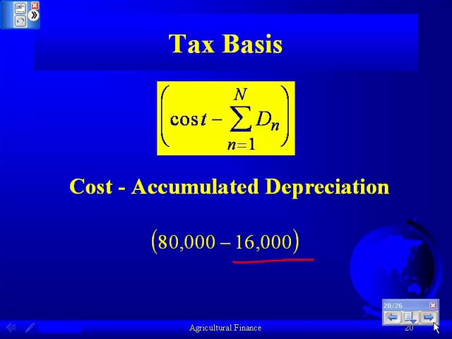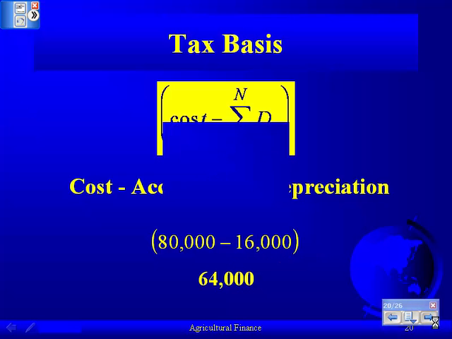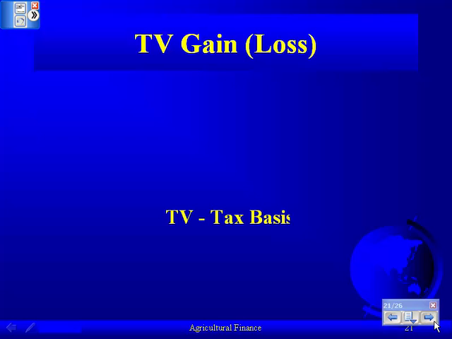Back to your accounting, this tax basis is what you would put as the asset value using cost basis accounting on your balance sheet, right? In this particular case, your tax basis, or the value that is recognized by Uncle Sam, is $64,000 at the end of 3 years when we sell this particular asset. The gain or loss is just simply taking the terminal value minus your tax basis.